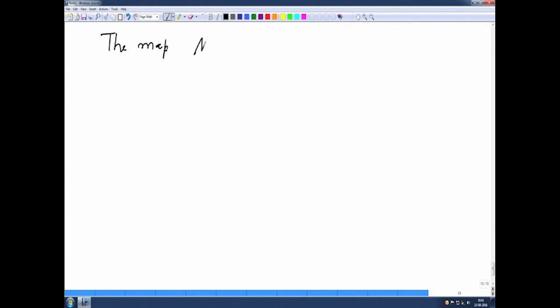Remember, this map is M for matrix, and it depends on a basis V and basis W. Is it K-linear and bijective? So, proof. To show it is K-linear, that means what?